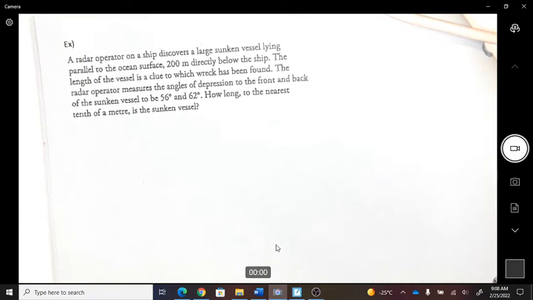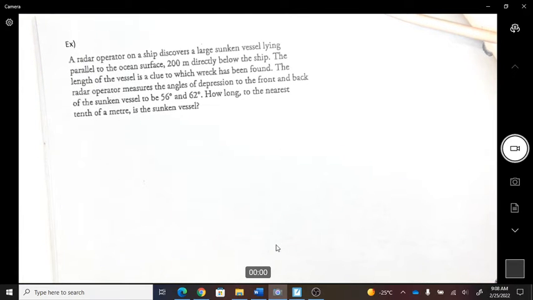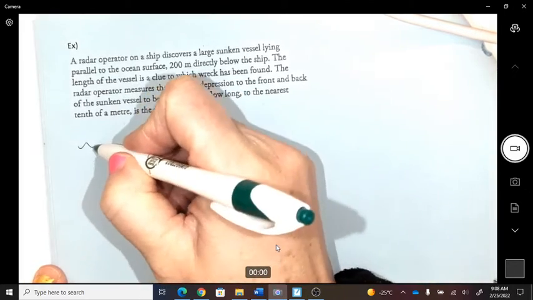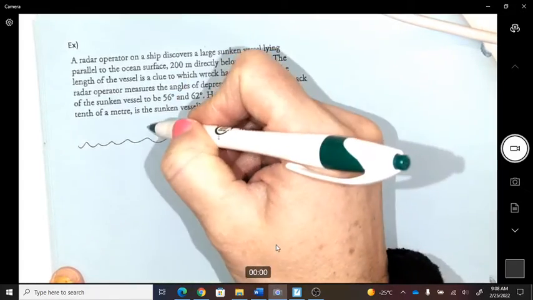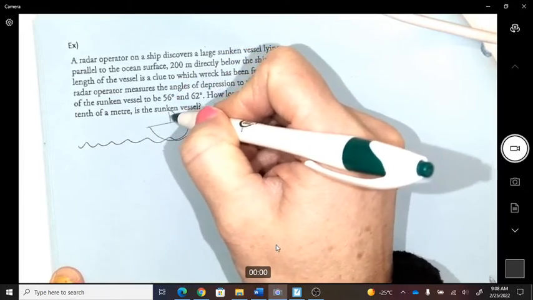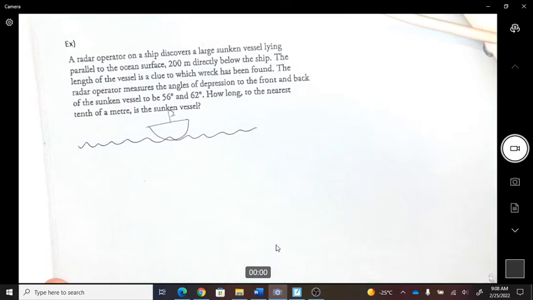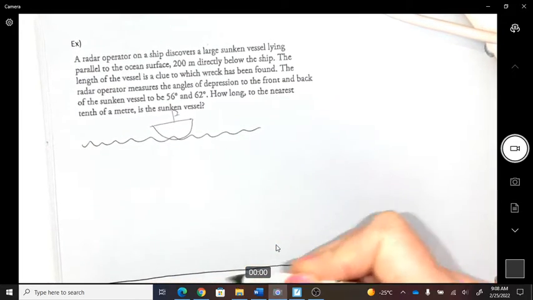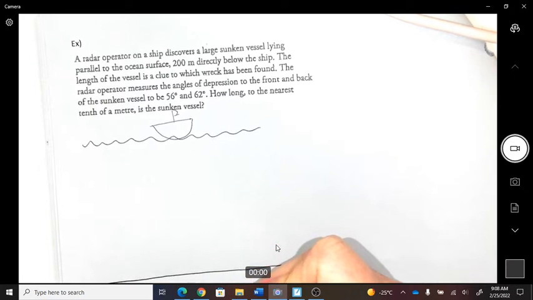A radar operator on a ship discovers a large sunken vessel lying parallel to the ocean surface 200 meters below the ship. Okay. So there's a ship on top of the water, and here's the ocean floor.